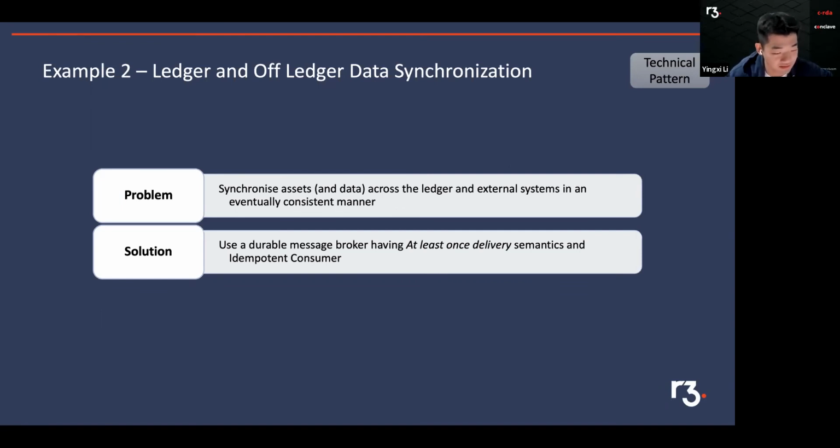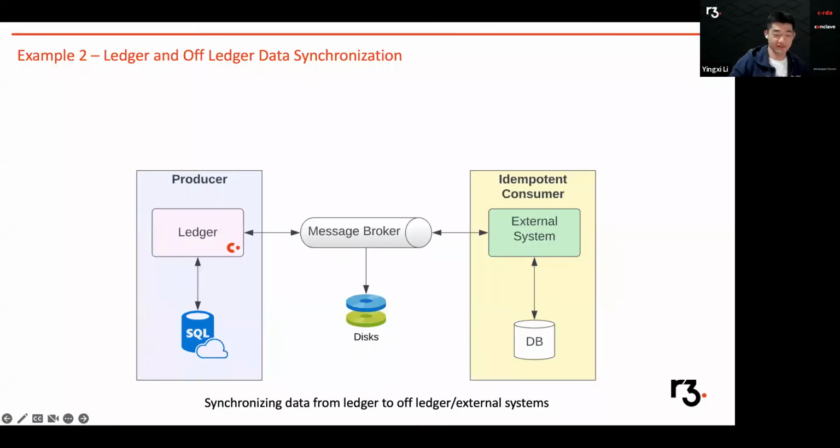Sometimes there's a latency between when a transaction is formed on the ledger and when your backend database gets the transactions. That's a problem. The solution is to use a durable message broker with at least once delivery semantics, and idempotent consumers. So a lot of technical words, but we can expand on them in the diagram.